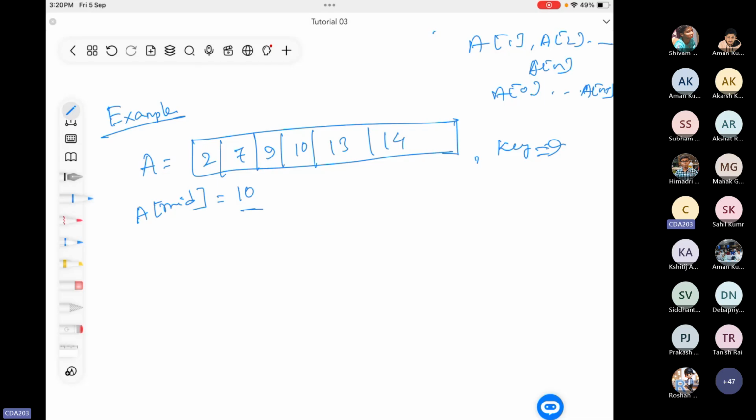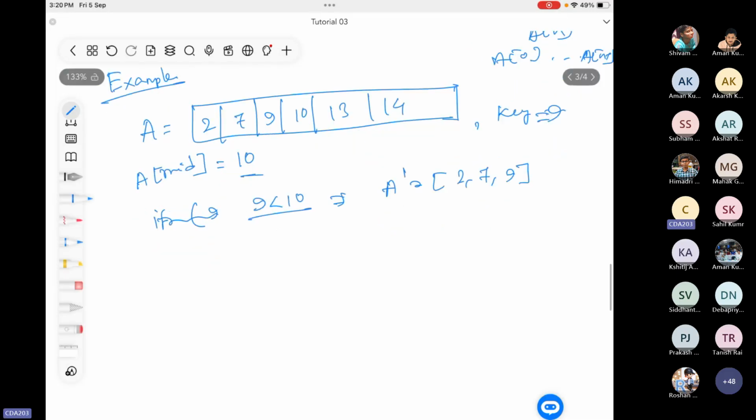You have the middle element as 10, so you compare. Obviously 9 is less than 10, so you will search in this array. Now your array is modified into 2 7 9, because 10 is not equal to 9, so you don't have to consider 10 itself. You can discard the middle element and just consider the elements right next to the middle.